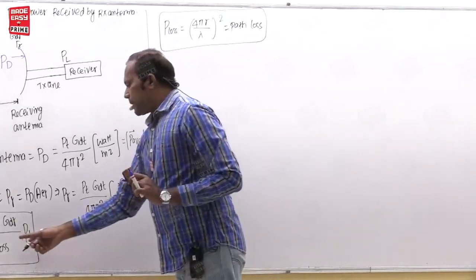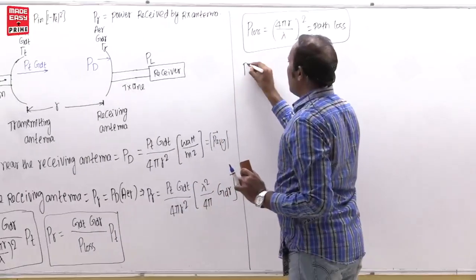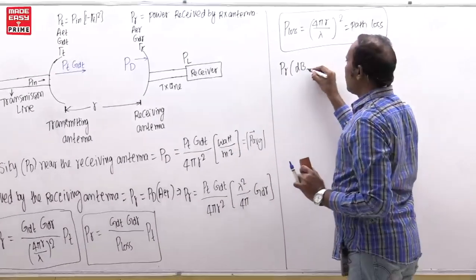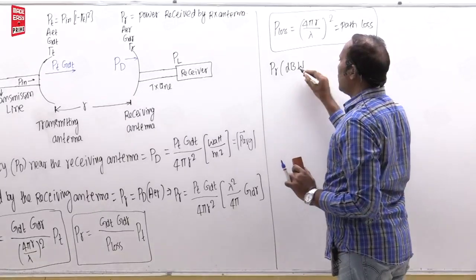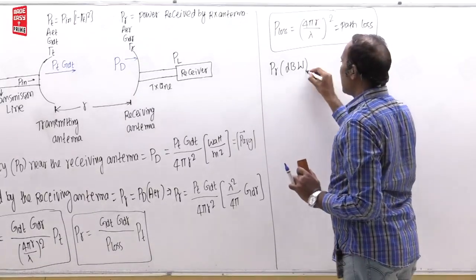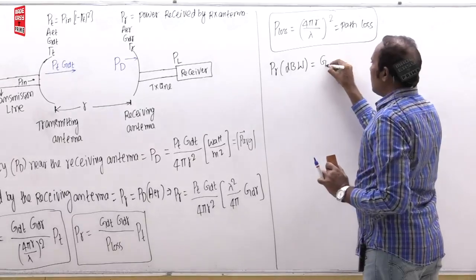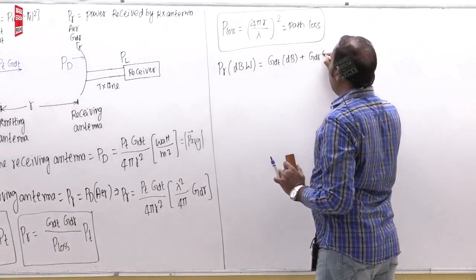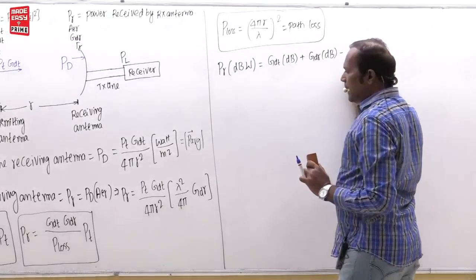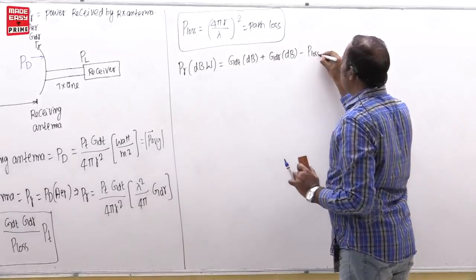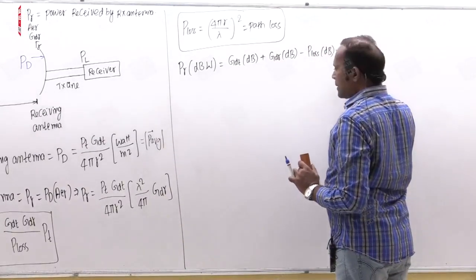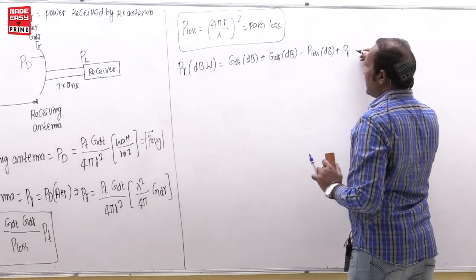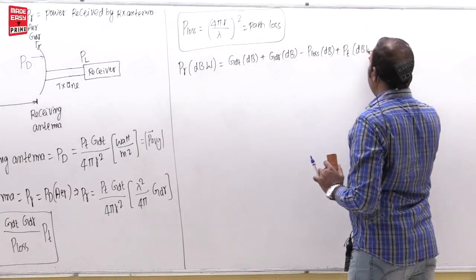Now if you want to represent this in decibels, power received is a single power, so we have to represent it in dBW, dBm, like that, milliwatt. So dBW: GDT in decibels plus GDR in decibels minus path loss in decibels, because the denominator means minus, then plus power transmitted in dB watt.